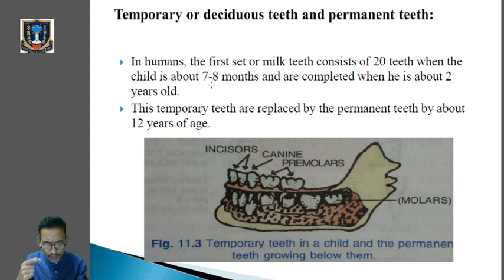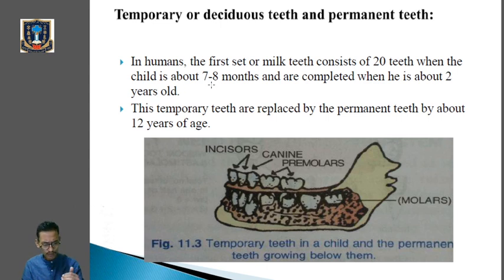Okay. From 7 to 8 months of age, listen very carefully, the teeth will start coming out from the gums, and sometimes it can be very painful also.